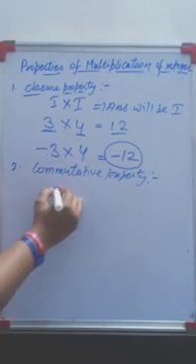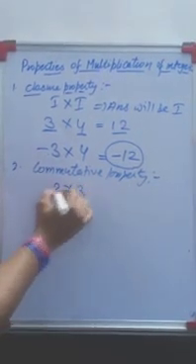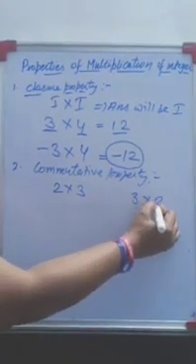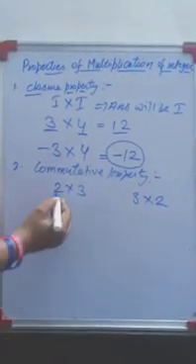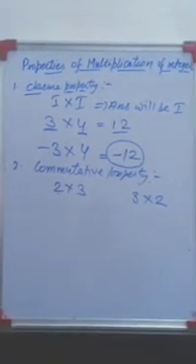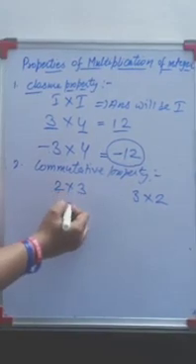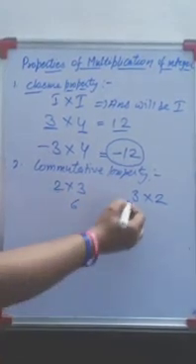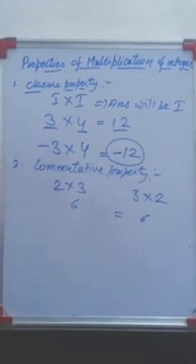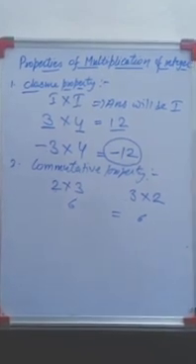For example, 2 into 3, and now if I write 3 into 2, I have replaced the integers. Is the result affected? 2 into 3 is 6, and 3 into 2 is 6. So both are equal. That means in multiplication, the commutative property is true.